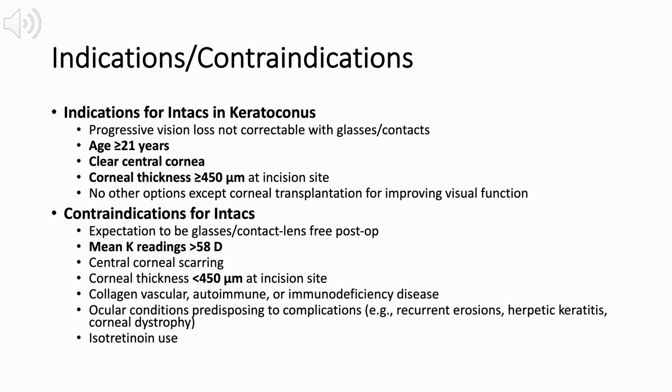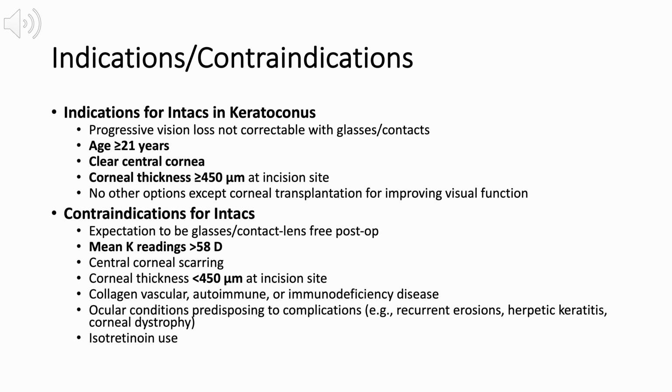On the other hand, there are several contraindications. Intacs should not be implanted in patients who expect to be completely glasses or contact lens free after surgery, as the procedure does not eliminate the need for visual aids. Contraindications also include cases with mean keratometry readings greater than 58 diopters, central corneal scarring, or corneal thickness less than 450 microns at the incision site.